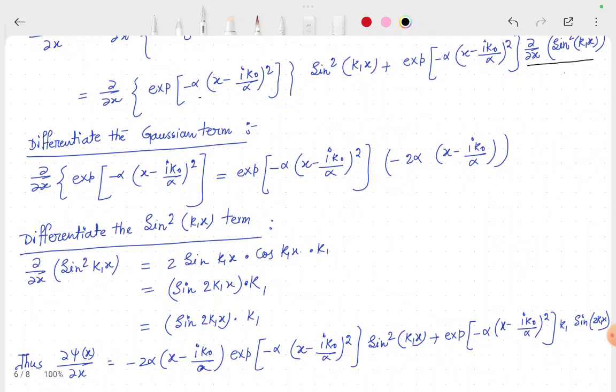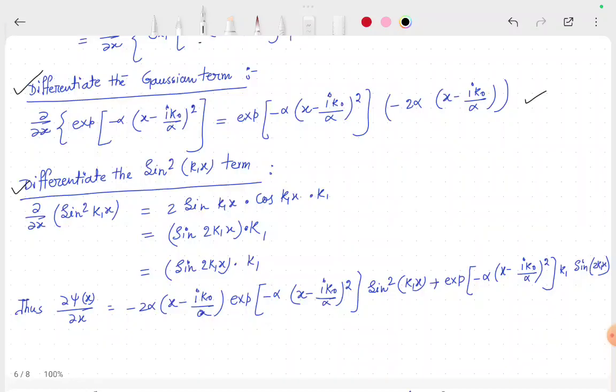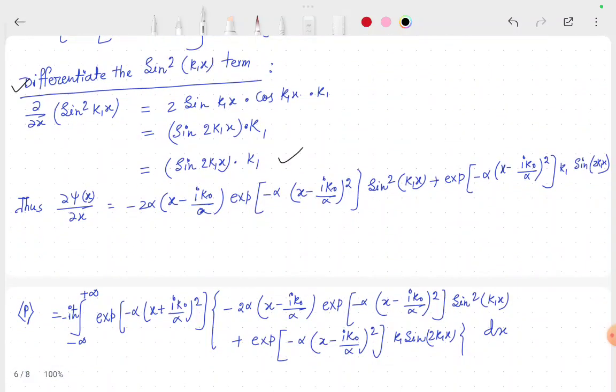We differentiate the Gaussian term and we get this value. Next we differentiate the sine square k1x term and we get these results. Next we substitute these two results in the previous equation and we get this result.